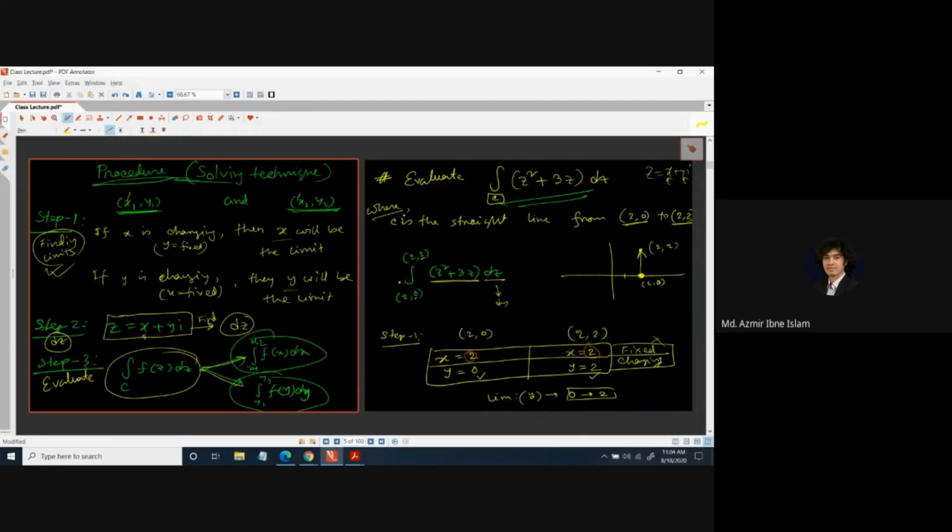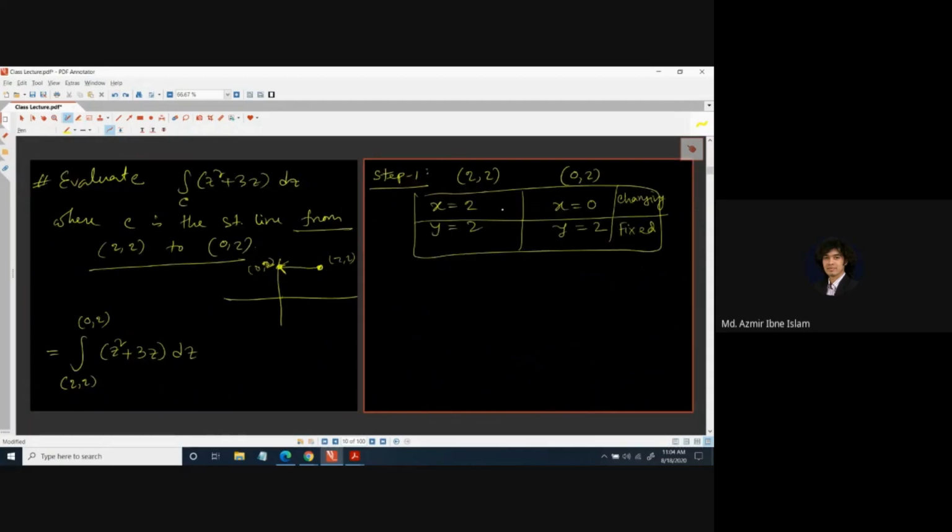So for our case, at this moment, we see that x is changing. So that means the limit will be for x, not for y. So what will be the lower limit? Try to understand. Is it 0 to 2 or 2 to 0? It will be 2 to 0. Do you understand my point?